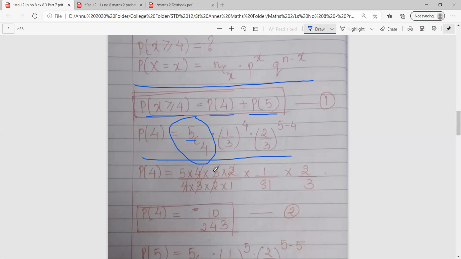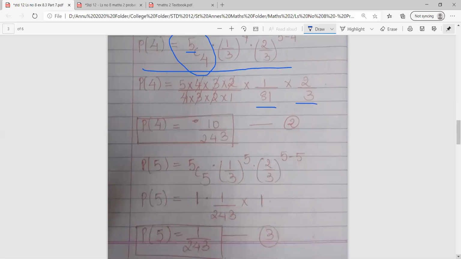So 5 into 4 into 3 into 2 upon denominator will be opened entirely. 4, 3, 2, 1. 1 upon 3 raised to 4, it's a small number, so I've opened it, 1 upon 81. And 2 upon 3 raised to 1 is 2 upon 3. So 432 gets cancelled. So you're left with 2 1s are 2 and 5. So 2 5s are 10 upon 81 3s are 243. I'll give this as point number 2.